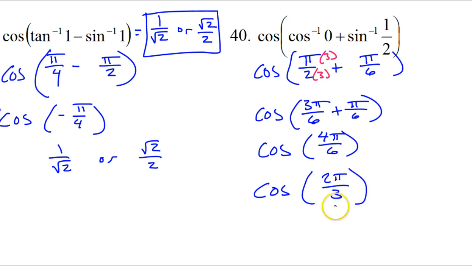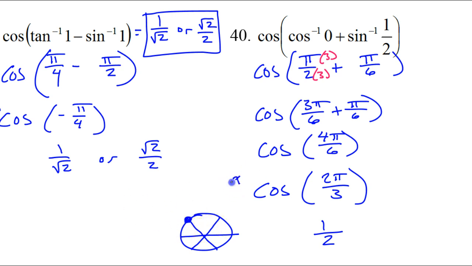So what's the cosine of 2 pi over 3? Well, the reference angle is clearly pi over 3. And we know that the cosine of pi over 3 is 1/2. So what about 2 pi over 3? This is like 1 pi over 3, so 2 pi over 3 would be right here.